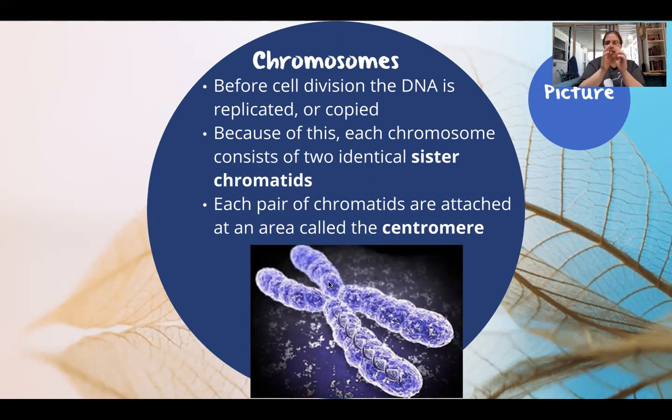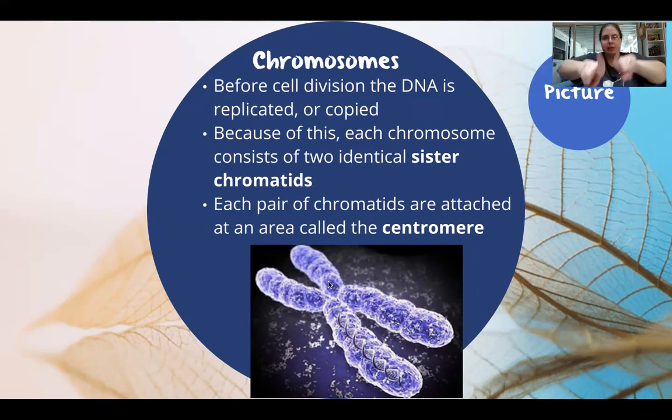So what happened was the DNA was together, they got separated, replicated, and then they connect. So imagine kind of like this. Both of these are pointer fingers, right? They have the joints in the same place. They're roughly the same length. They're connected to each other.